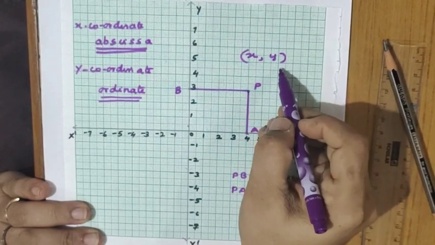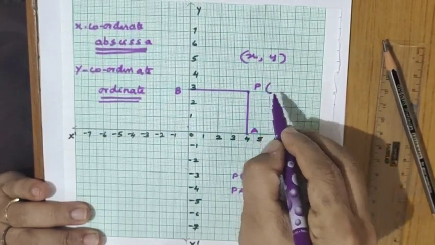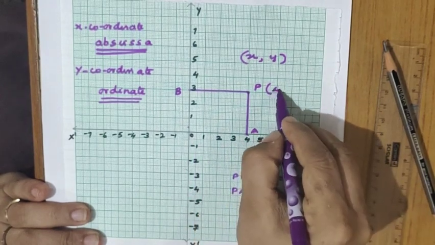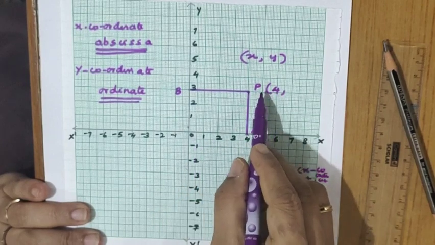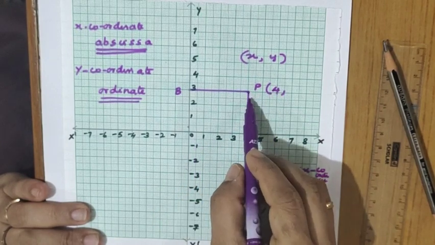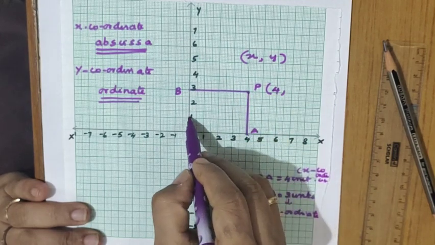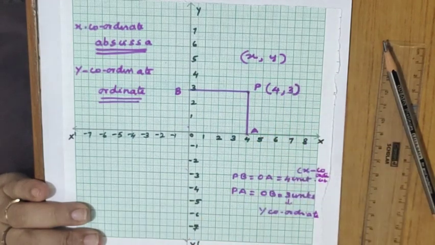So the coordinates of P: the first value is x, 1 2 3 4 measured along the x-axis. Similarly, the y value is measured along the y-axis, 1 2 3. So 4 comma 3, put in brackets and separated by a comma.